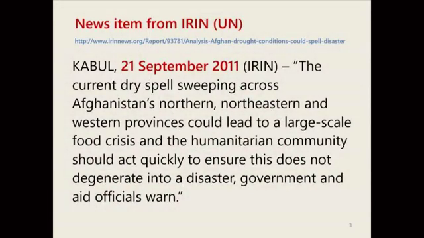Okay, and the problem that we face, or that the people there face, is illustrated by this advisory that came out from the UN's Integrated Regional Information Networks, which monitors conditions all over the world and tries to alert the international community if something is troubling.